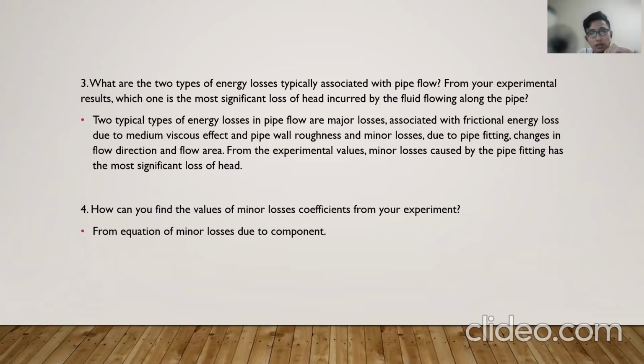There are two types of energy loss in pipe flow: major losses, associated with frictional energy loss due to viscous effects and pipe wall roughness, and minor losses, due to pipe fittings and changes in flow direction and flow area. From the experimental values, minor losses caused by the pipe fittings have the most significant loss of head.